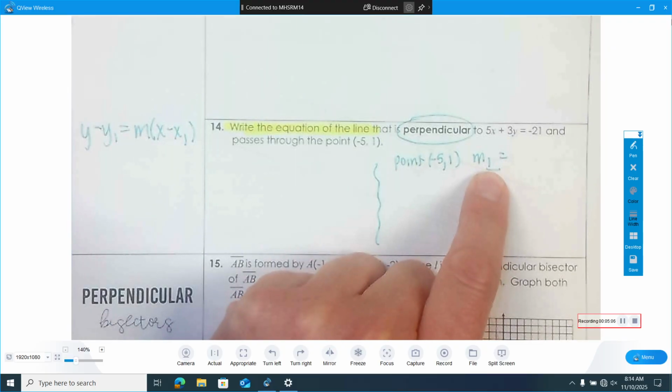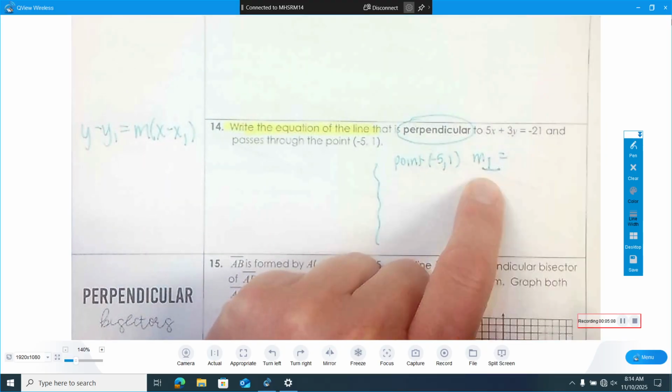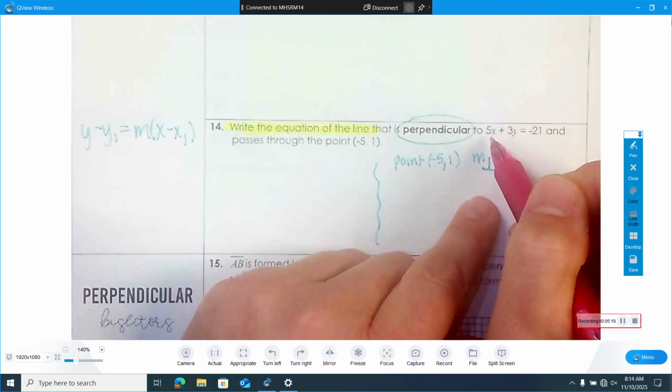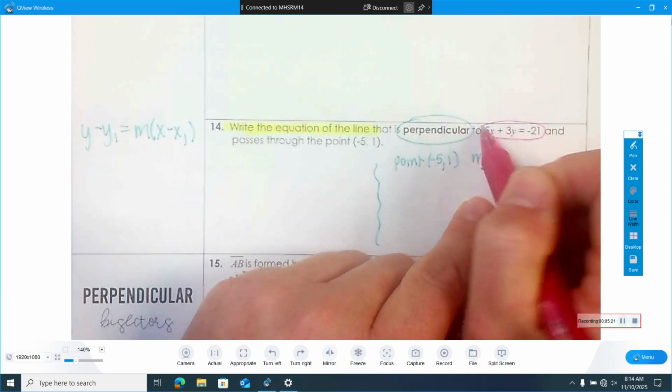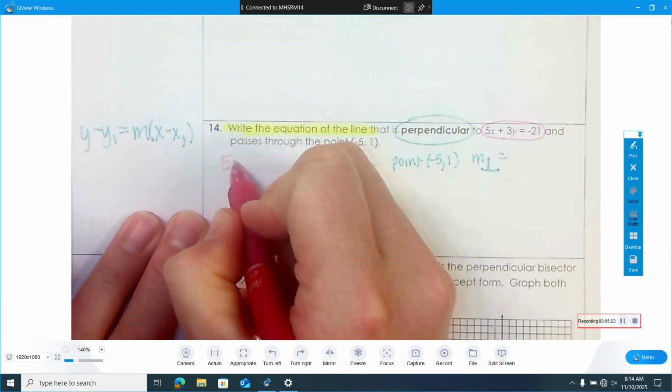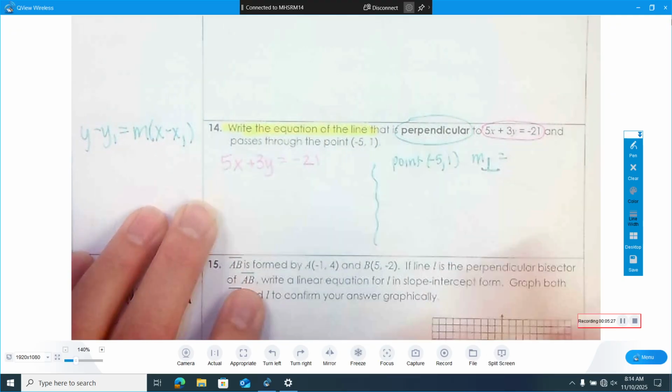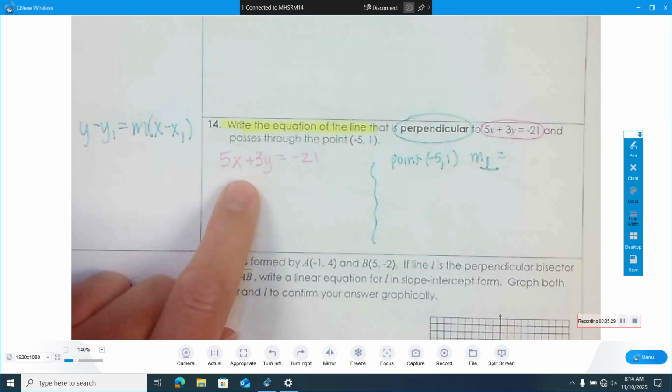So again, I'm using notation to help me remember that I need my slope to be perpendicular. Well, perpendicular to what? 5/3. Yeah, perpendicular to this equation, this line, 5x plus 3y equals negative 21. And so what do I need to do? You jumped to 5/3.